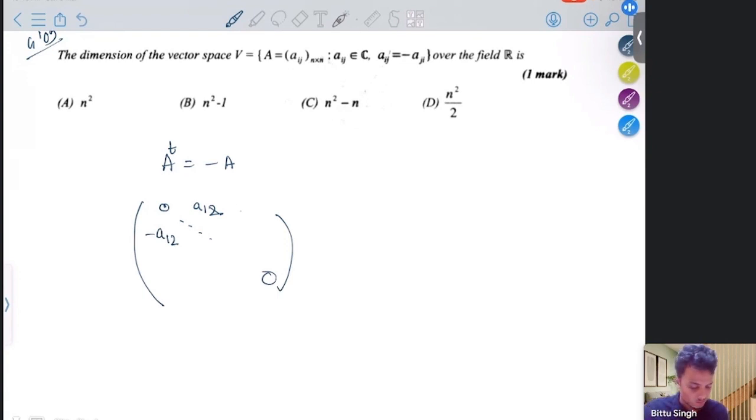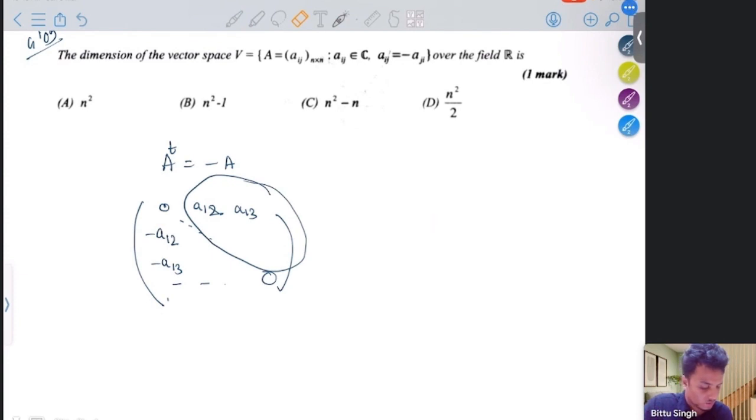Okay, a13, and here it will be minus a13. It will continue. From there, we can see only those entries are independent, and all other entries are completely determined by the upper half part.